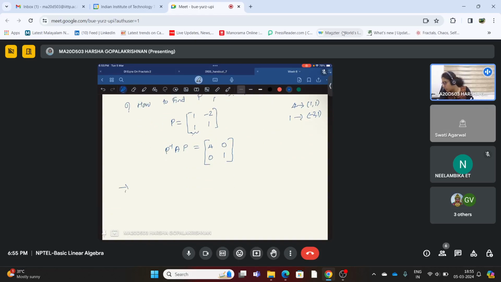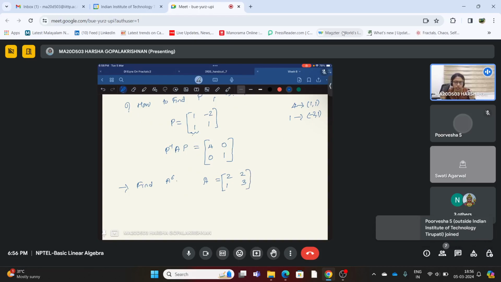Now the last question was to find A power 6. We know what A is: A is 2 2 1 3. Is it easy to find A power 6? We can do A into A into A into A like that. Other than that, what is the easy way to find A power 6?